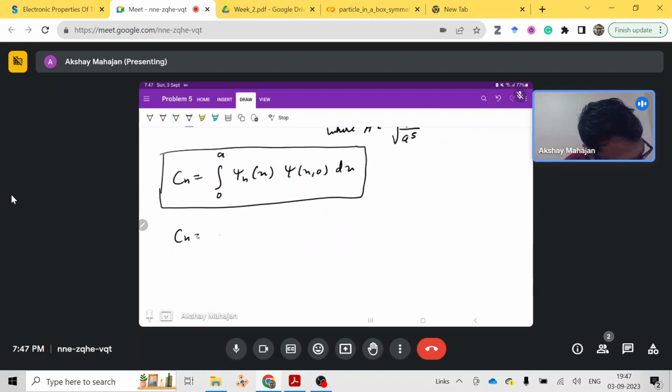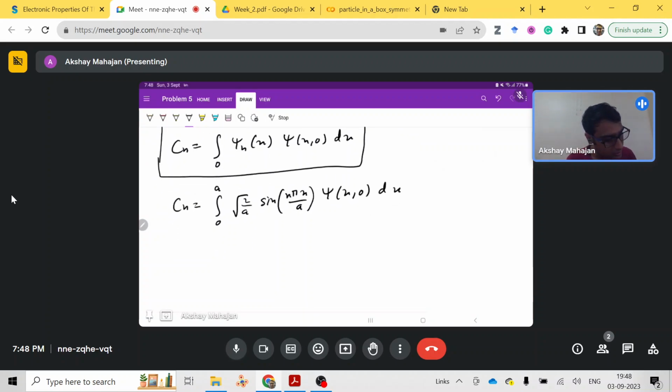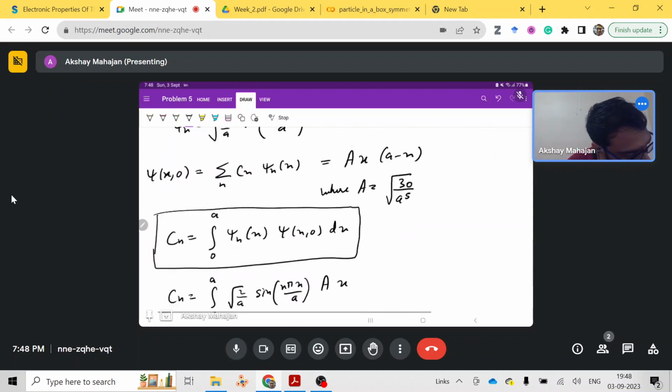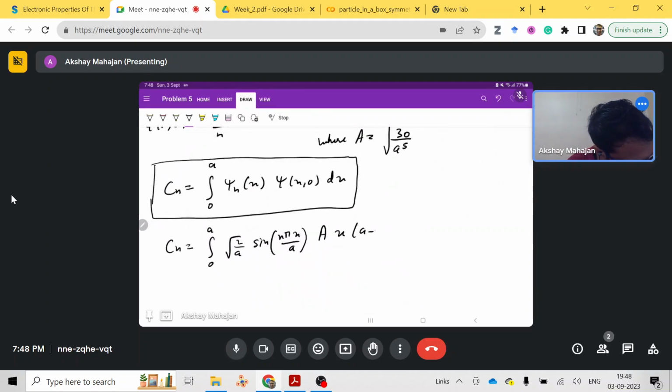Here cn will be equal to the integration from 0 to a of the square root of 2 by a times sine of n pi x by a, times psi of x comma 0 dx. And psi of x comma 0 is this constant A times x times (a minus x). So this is the integration that we have to do.